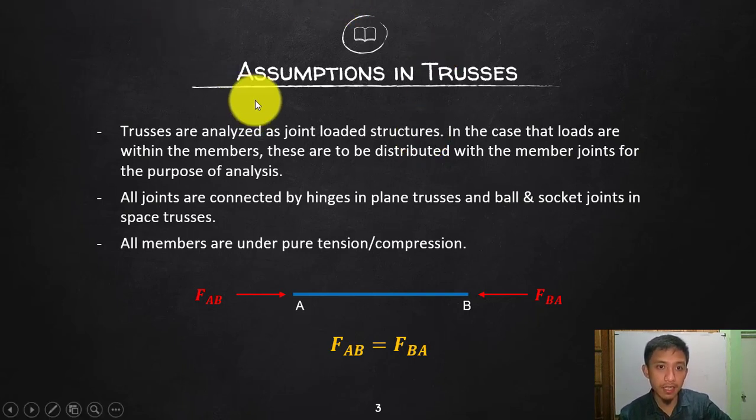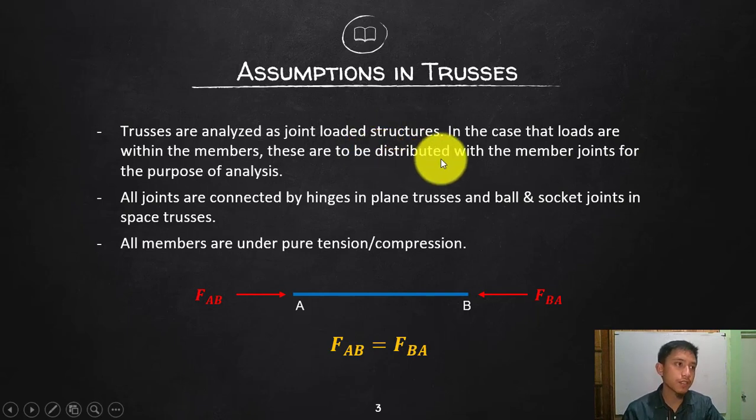A truss is only assumed to be loaded at the joints. In the case that loads are within the members, these are to be distributed to the member joints for the purpose of analysis. If we consider the actual scenario, let's say that is a roof truss. The roof itself is receiving a wind pressure.